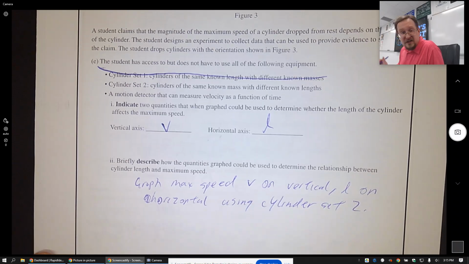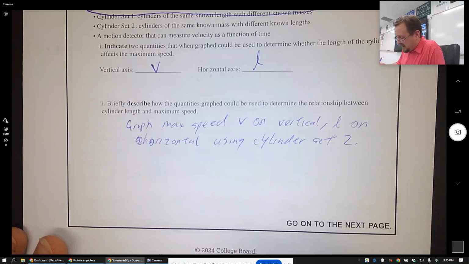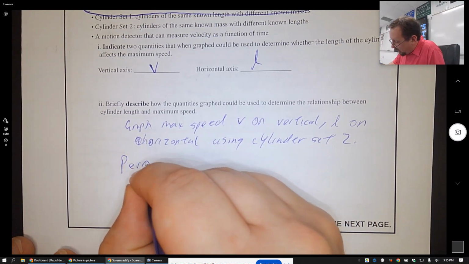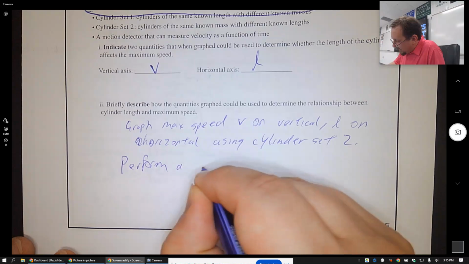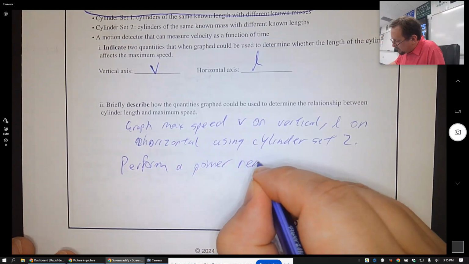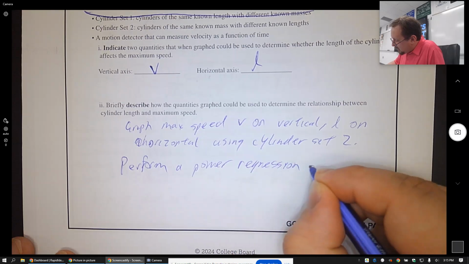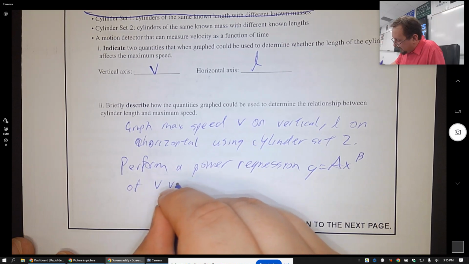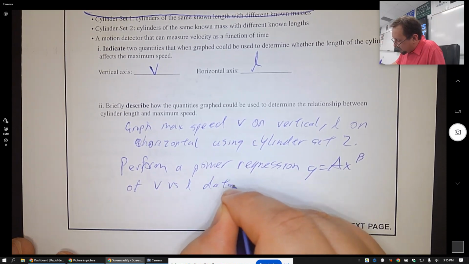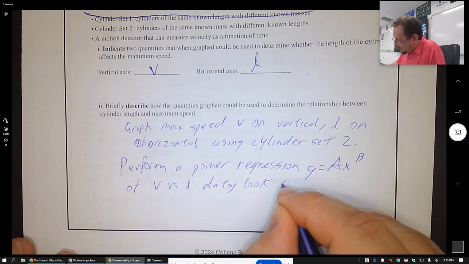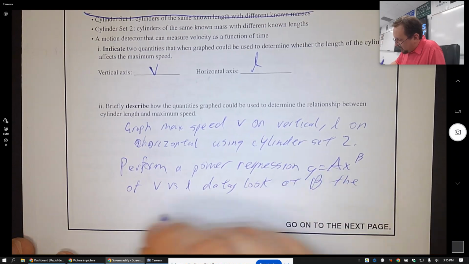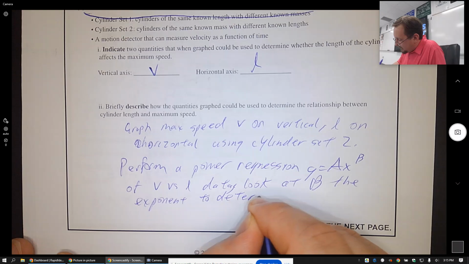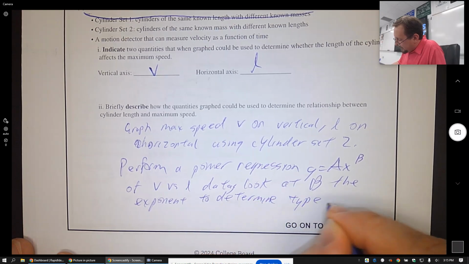To determine the relationship, I mean, what do you want me to say, right? This is what my students would do: perform a power regression, y equals a x to the b, of the V versus L data, and look at b, the exponent, to determine the type of relationship.